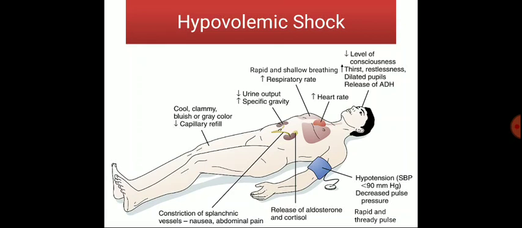In hypovolemic shock, there is decreased level of consciousness, increased thirst, restlessness, dilated pupils, release of ADH, increase in heart rate, increase in respiratory rate, and the respiration is rapid and shallow. Hypotension is there, decreased pulse pressure, the pulse is rapid and thready.